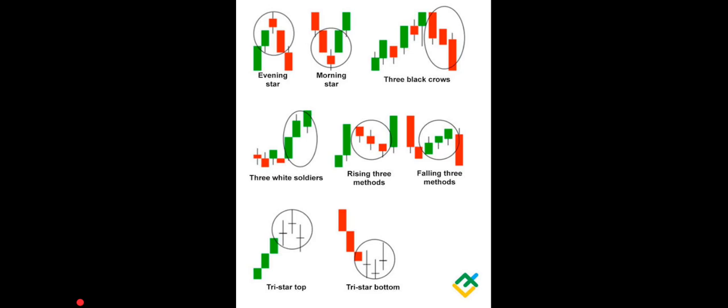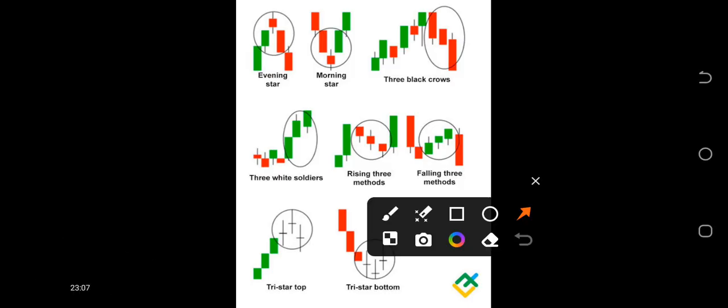At the end of the rising three methods, if you see this particular bullish confirmation, it indicates the market wants to shoot up. For the falling three methods, after seeing this bullish candlestick that is going up, then you see this bearish candlestick appear, it shows the market wants to drop down.